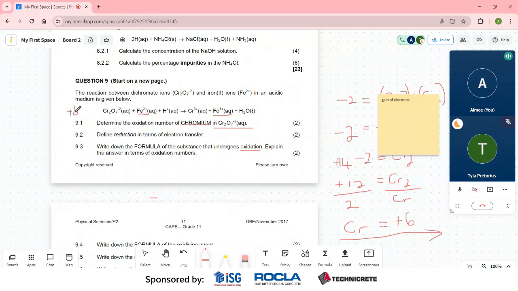It was positive 6 on this side of the equation. And on this side, it's Cr3+, which means that it has lost some positive charge to become 3 positive. A gain of electrons is synonymous with reduction. A loss of electrons is synonymous with oxidation.